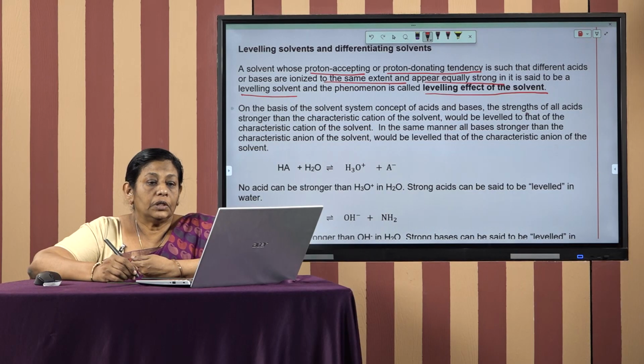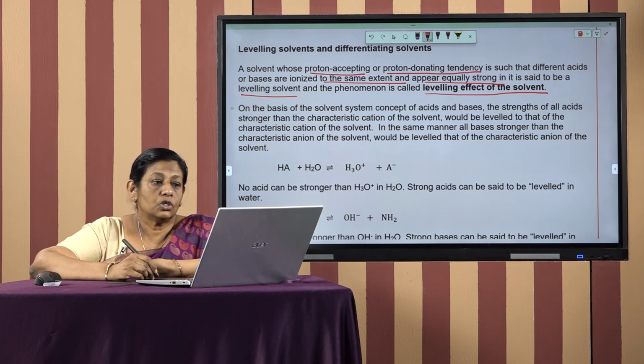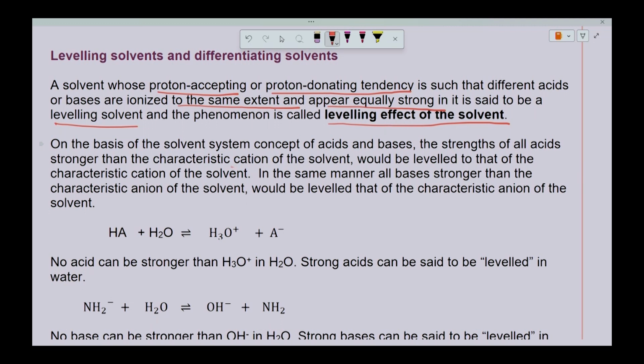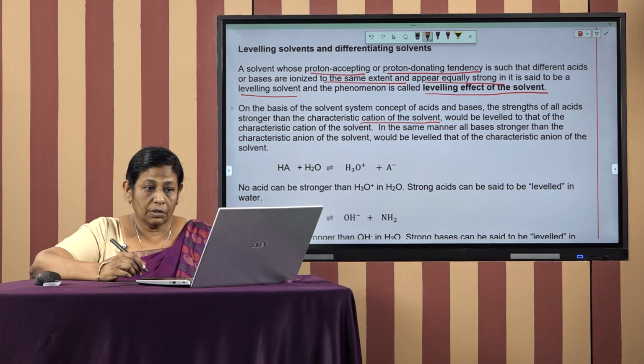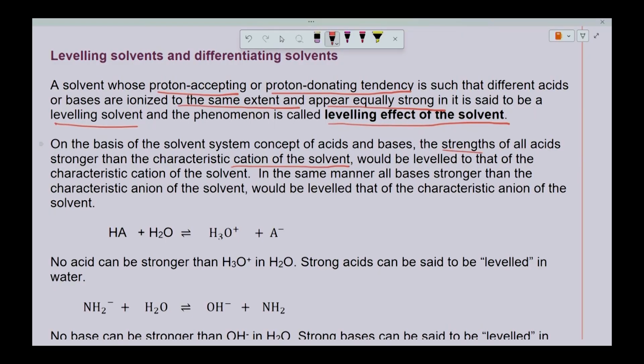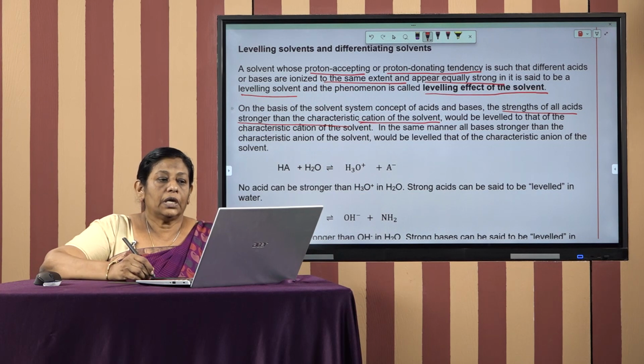Now, based on the solvent system concept, in which we say that cation strengths or anion strengths are increased, the strength of all acids stronger than the characteristic cation of the solvent would be leveled to the characteristic cation of the solvent.